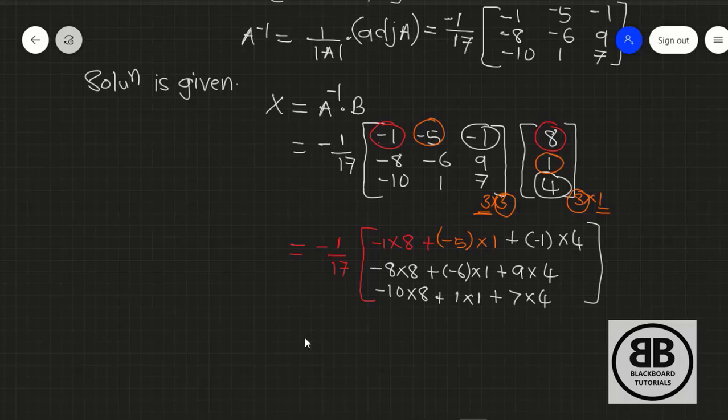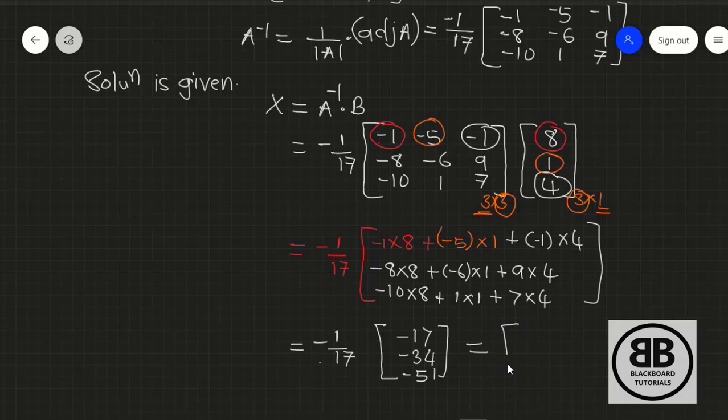If you solve this, you will get minus 1 by 17 times the matrix minus 17, minus 34 and minus 51. So now multiply this minus 1 by 17 scalar to the matrix.